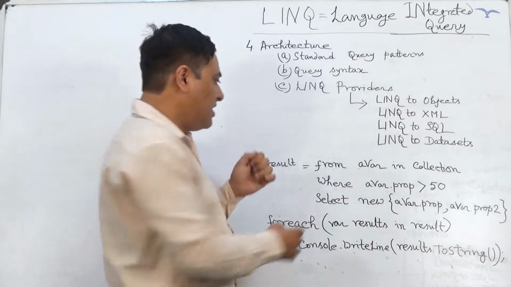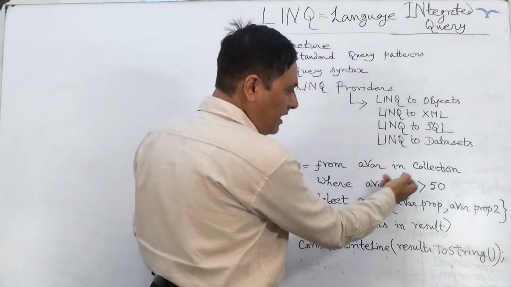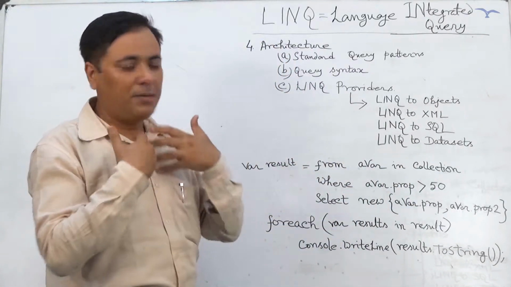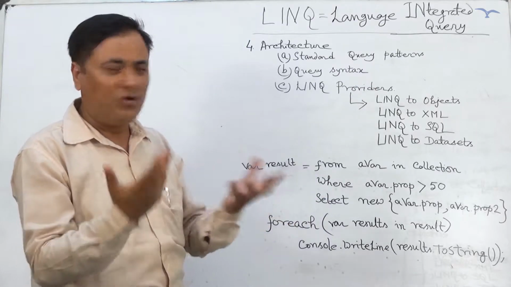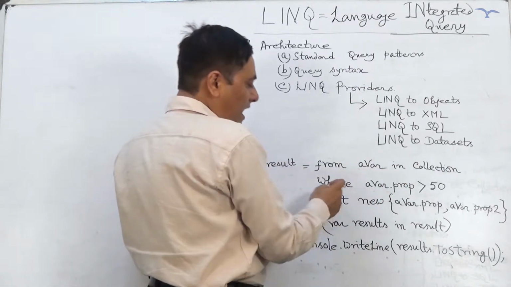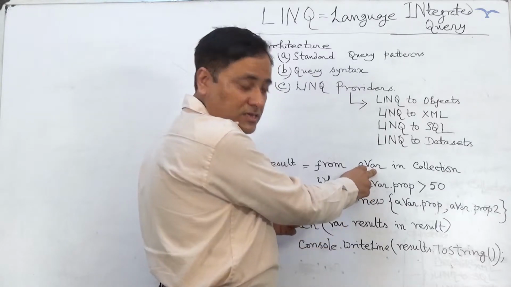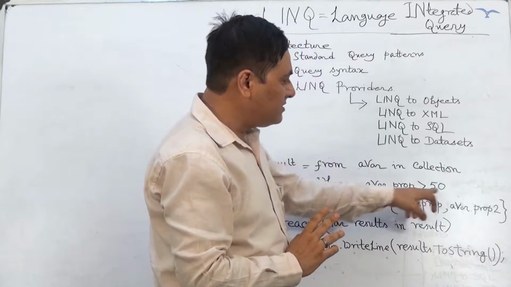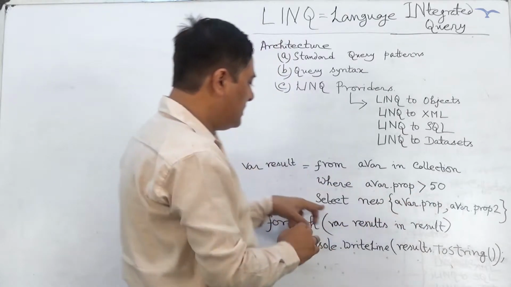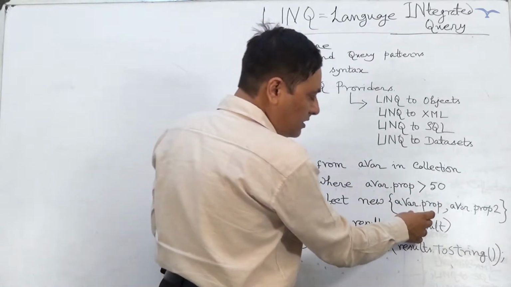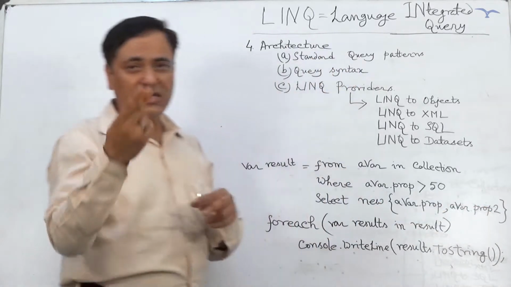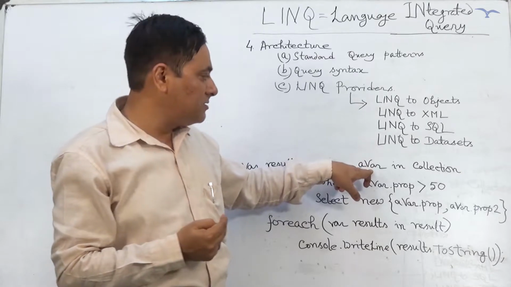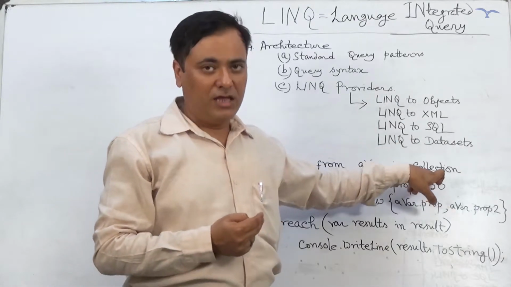Right? Okay. Now from this variable in a collection variable, it may be a list, it may be an object, it may be a stack, queue, whatever it is. Now where I am saying either this object dot some property whose value is greater than 50, select new prop and prop 2, means you are fetching two properties of this particular object which is of type collection.